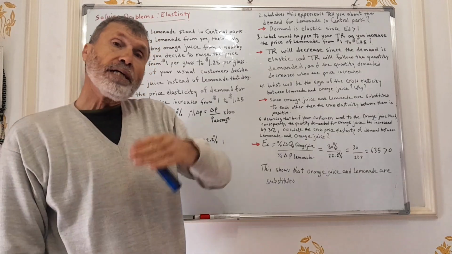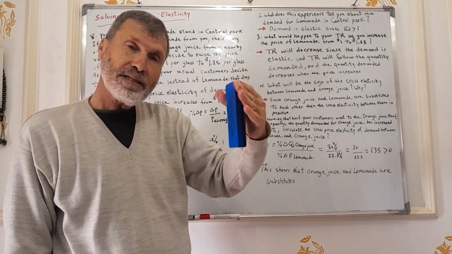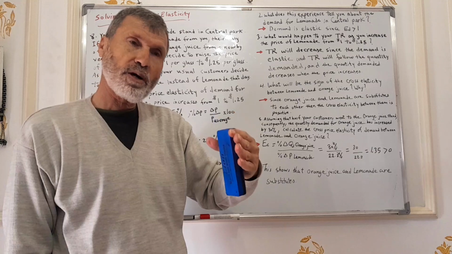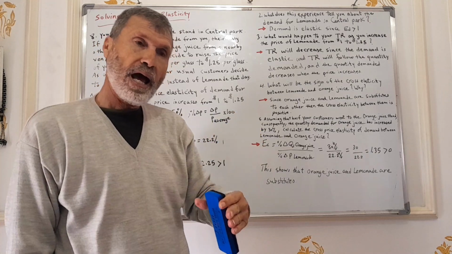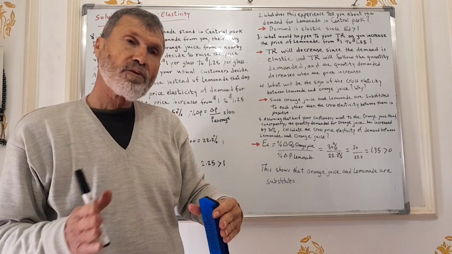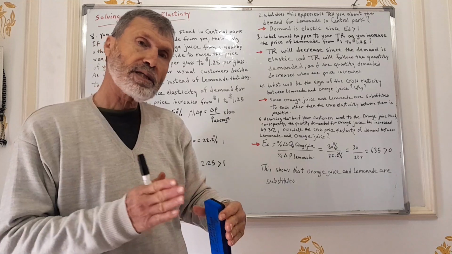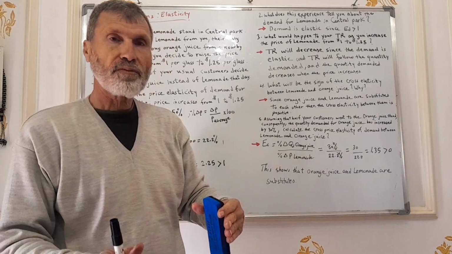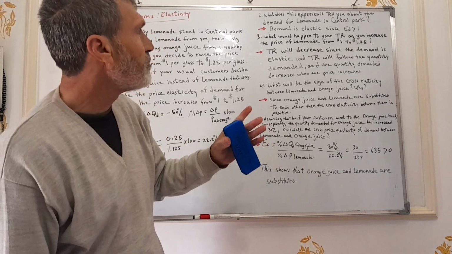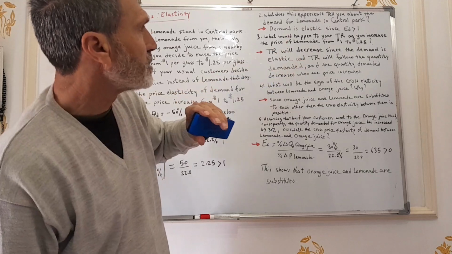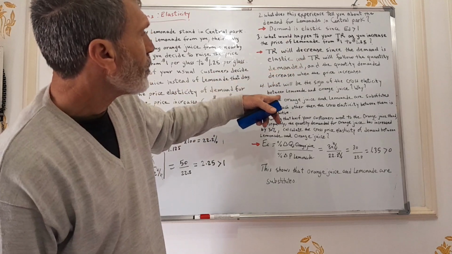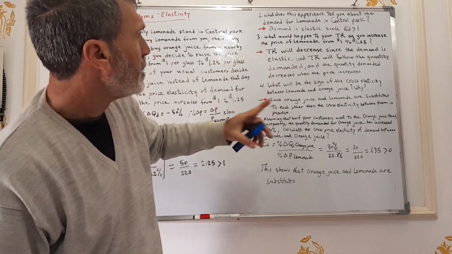So when the price increases, the quantity demanded will decrease, and total revenue will follow the quantity demanded. Since the quantity demanded decreases, total revenue will decrease. And it is discussed over here.